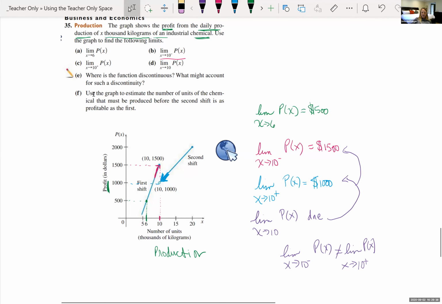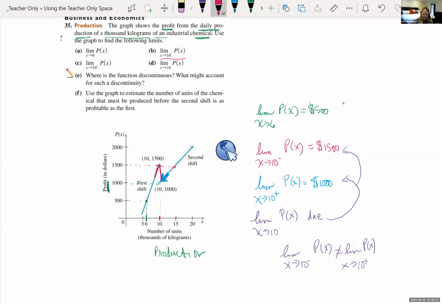Looking at this, that's a jump in the graph here. And we're trying to figure out when this second shift is going to make $1,500, because that's as profitable as they got. So let's make a horizontal line across and see where we hit the graph.